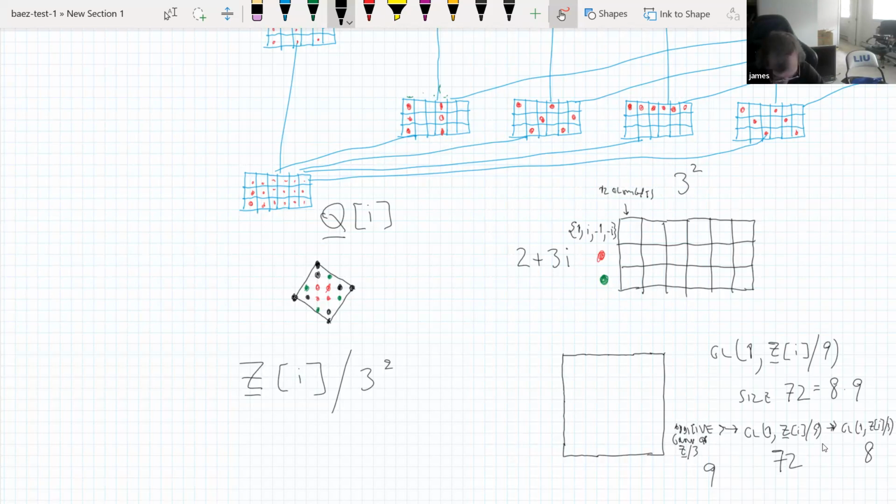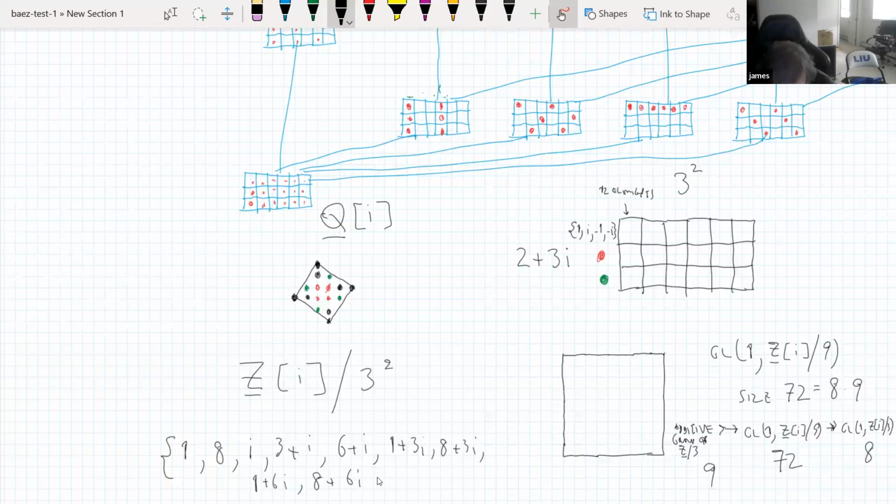Here's what I think they are: 1, 8, I, 3 plus I, 6 plus I, 1 plus 3I, 8 plus 3I, 1 plus 6I, 8 plus 6I, 8I, 3 plus 8I, and 6 plus 8I.